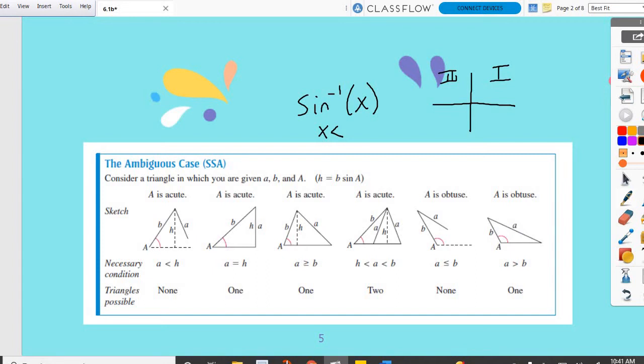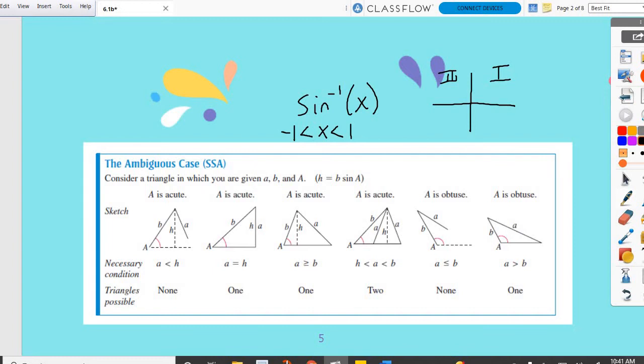So what are our outputs for sine? Between negative 1 and 1. So whatever we plug in here, x has to be between negative 1 and 1. If it's not, that's where we get no solution. So some of the times we will run into cases where we can't actually make a triangle with the information that they give us. Okay?